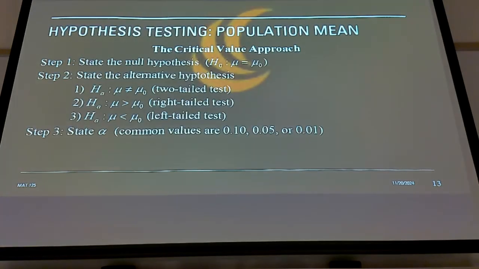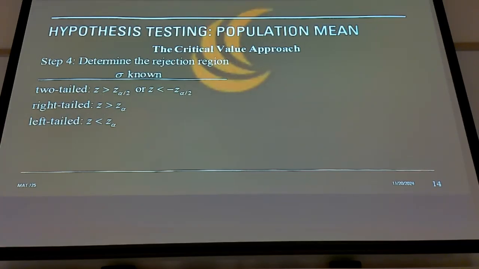I can tell you which ones I skipped. So I skipped step 3. I never stated it. I stated it in my conclusion. That's how I learned it. I skipped this step. Never stated the rejection region. It was always just applied.